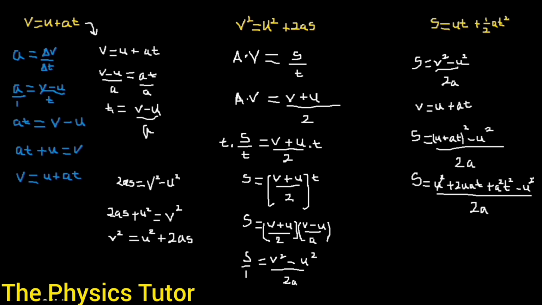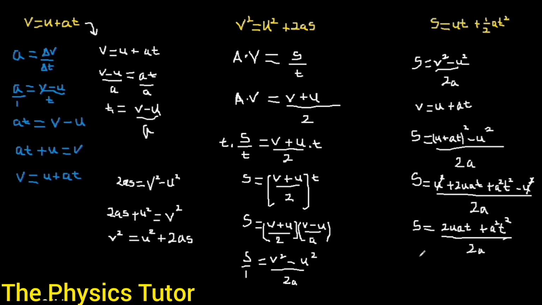So we will have s is equals to 2uat plus a square t square, all over 2a.